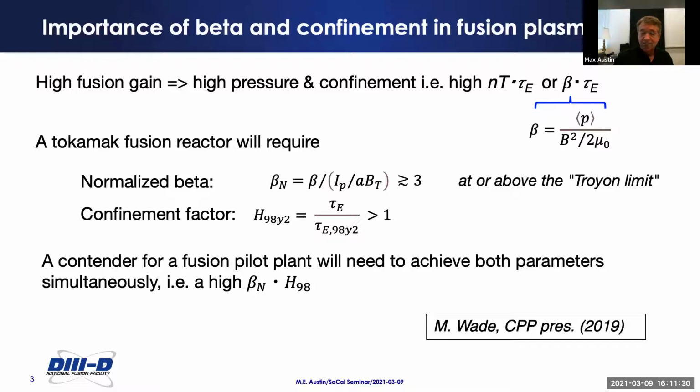This comes from, for example, a recent presentation by Mickey Wade, shown down here. A contender for a fusion pilot plant will need to achieve both simultaneously. In other words, you need high beta and H.